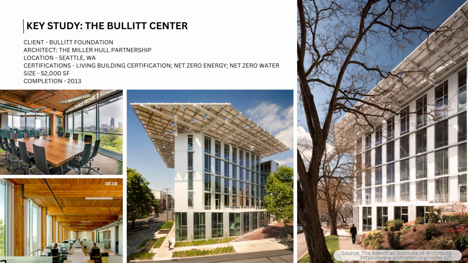It achieved net zero energy use in its first year of operation. And the building incorporates numerous sustainable design elements, including solar array, geothermal heating and cooling, and rainwater harvesting. The building has also achieved numerous awards for sustainable design, including the Living Building Challenge certification.